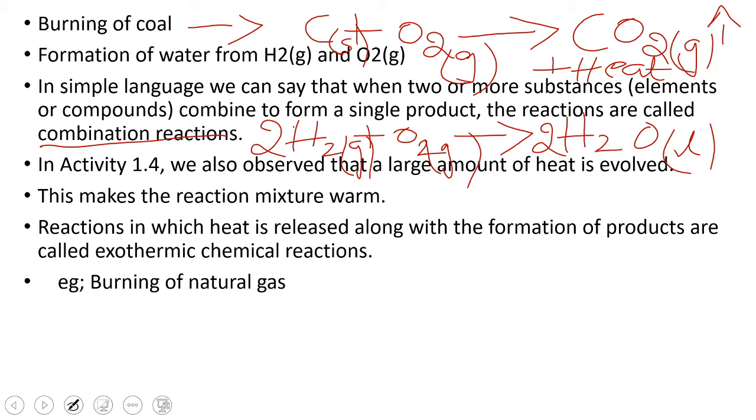Even when calcium oxide, quicklime, combines with water to produce slaked lime, that is calcium hydroxide, we touched the beaker and it was a little hot, showing that some heat energy is liberated. Such reactions, where heat is liberated in a chemical reaction, are termed exothermic chemical reactions. Burning of natural gas is an example of an exothermic reaction.